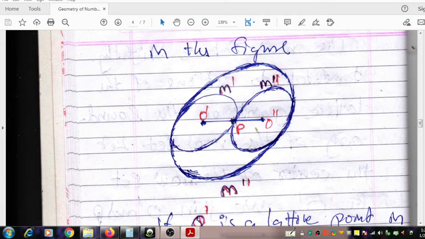We are going to focus on the point P, the center of the line segment joining O prime and O double prime. About this point, we are going to take an M set, M triple prime, which is a bigger M set.